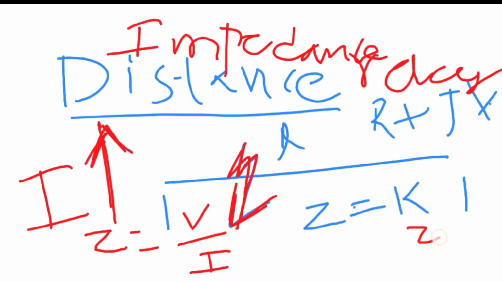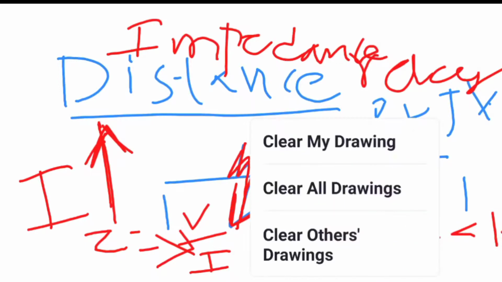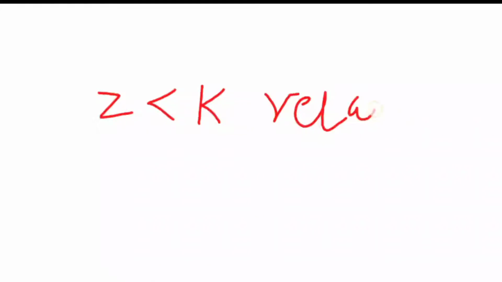Z is inversely proportional to I. When current increases, impedance will reduce. When Z is less than K, some value, the relay will operate. That is the impedance relay or distance relay.